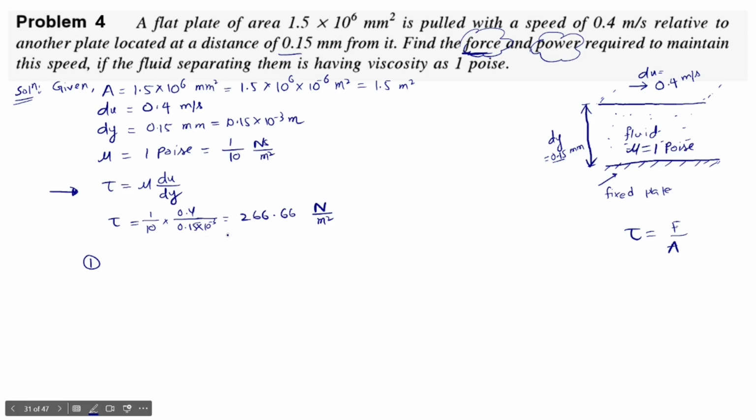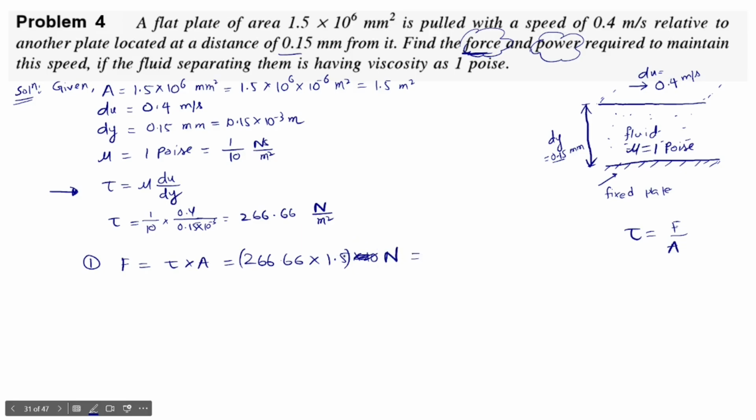So force is equal to tau into area, where the value of tau is 266.66 and the area is 1.5 meter square. If you calculate this, you will end up getting the value in Newton.